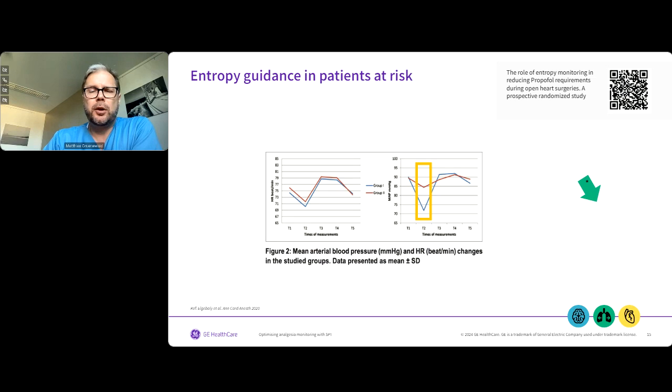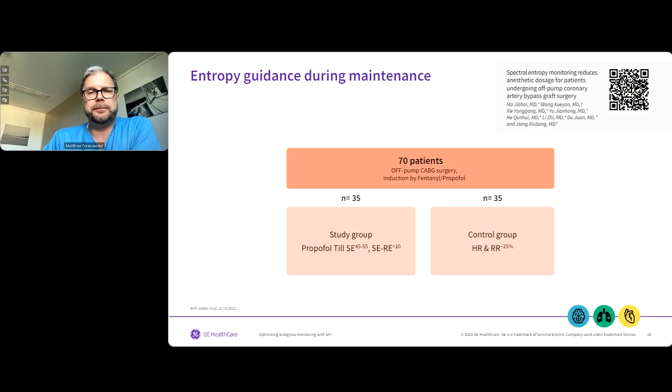And what we see when we compare, the red line are the patients with the monitoring in place, and the blue line is the comparison group where we use just clinical signs. We have a higher drop in blood pressure. The mean arterial pressure drops significantly more than when we use the monitoring, and we can use less propofol when we do the induction using the monitoring.